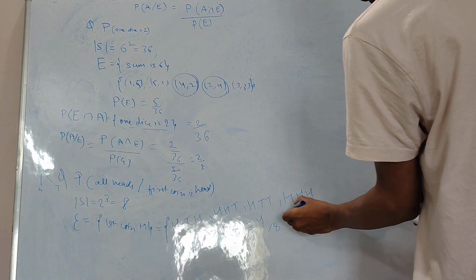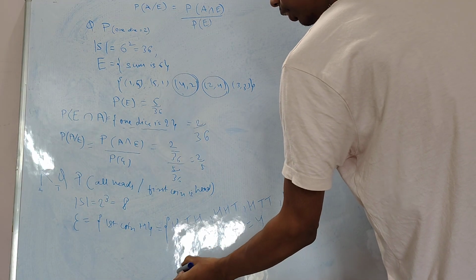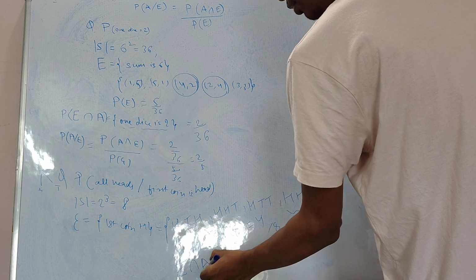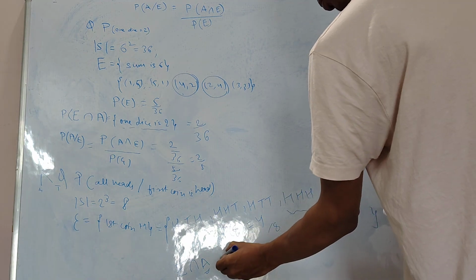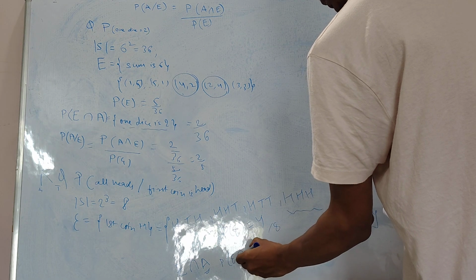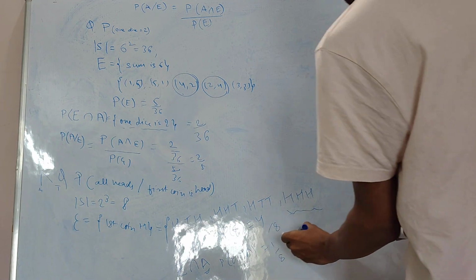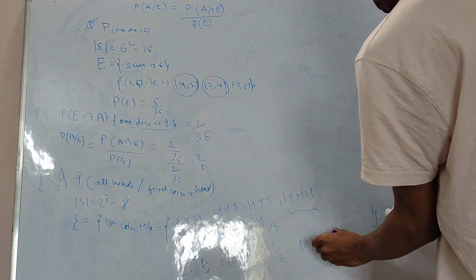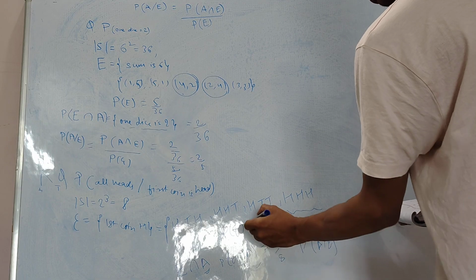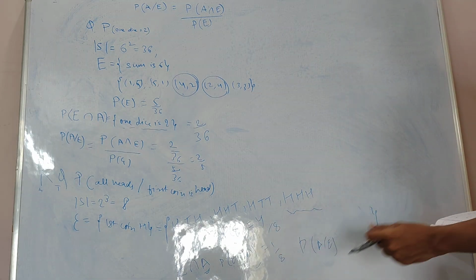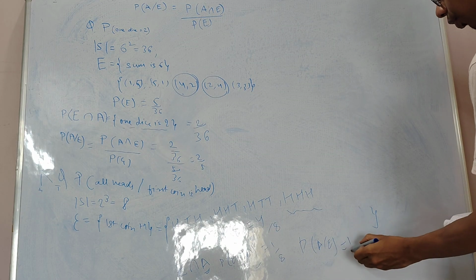And all 3 should be head, right? E intersection A, this event is all 3 should be head. So probability of E intersection A will be 1 by 8, and probability of A given E will be thus this by this, so it will be 1 by 4, right?